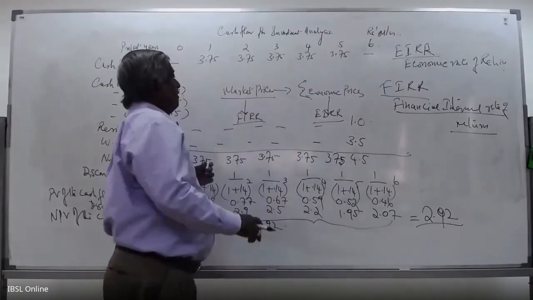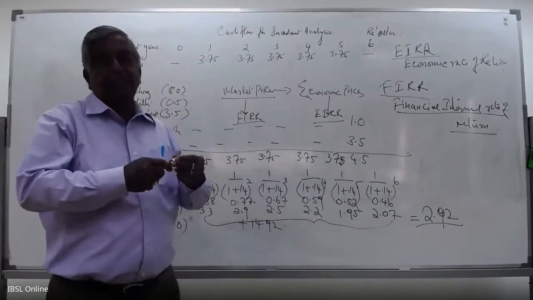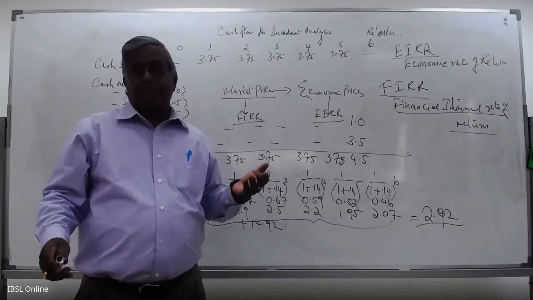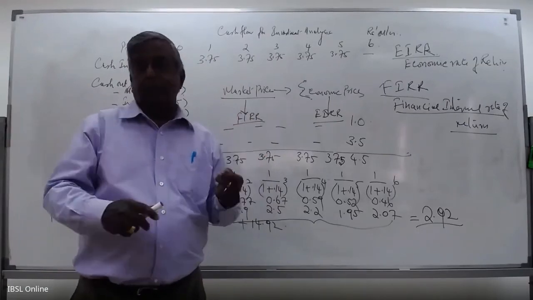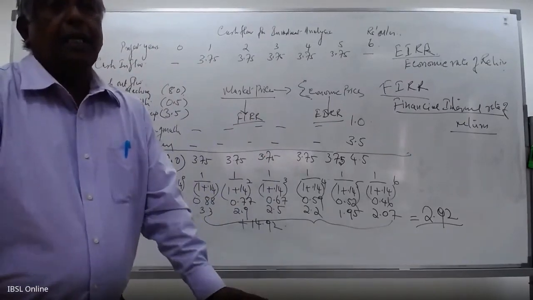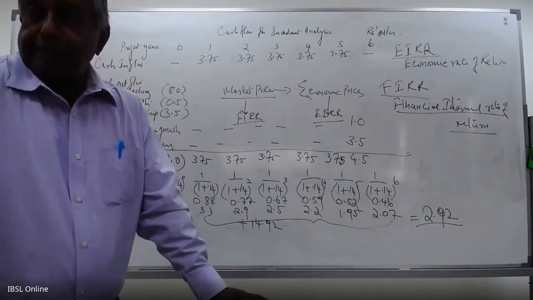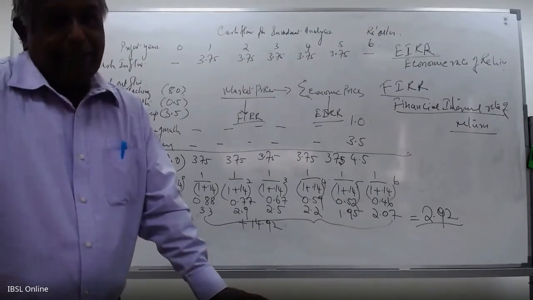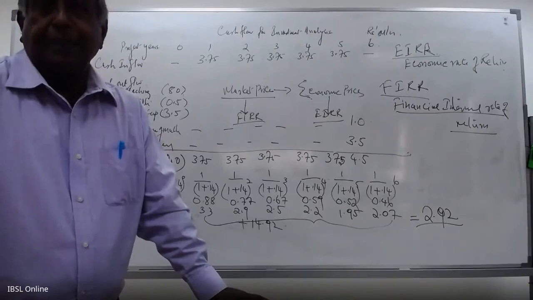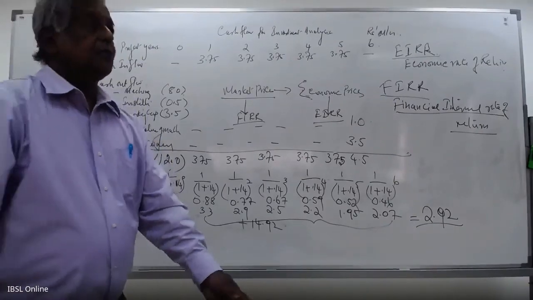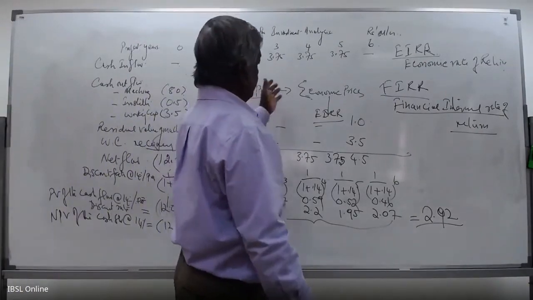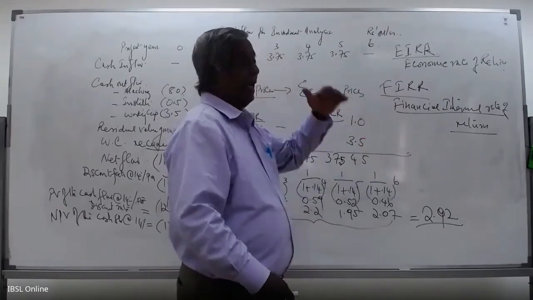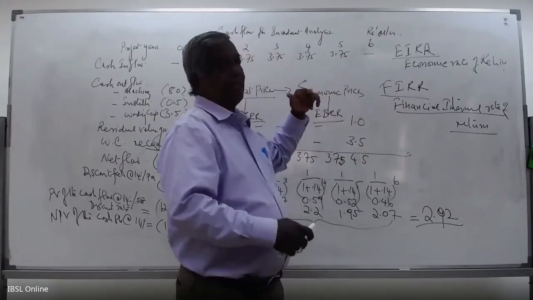How to convert market prices to economic prices, we are not doing here. Very basic, we are not doing in this session. That is by using border prices and shadow pricing method. There are two methods, shadow pricing and border pricing method. You convert the market prices to economic prices and then calculate the economic IRR.